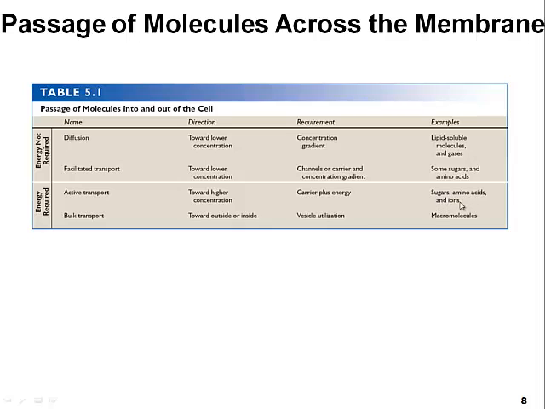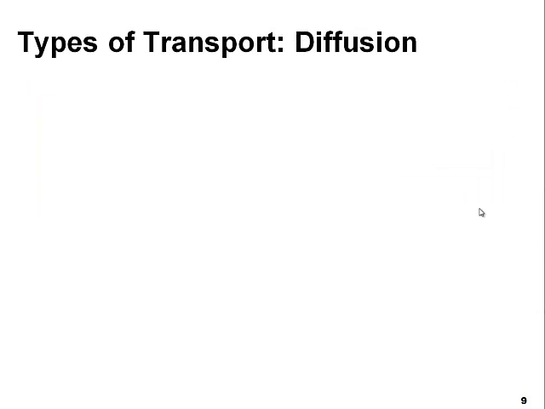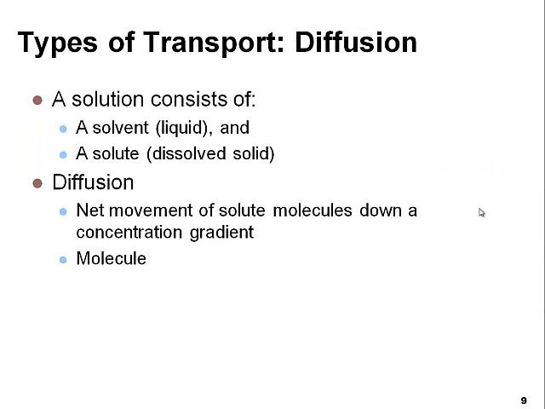So sugars, amino acids, and ions move up a concentration gradient via active transport. And then bulk transport. Bulk transport moves a lot of molecules across the cell at one time. And so we'll talk about phagocytosis, which is a type of bulk transport, a little bit later in our lecture.